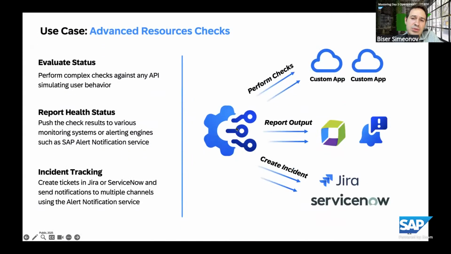So in that use case, for example, the automation pilot can report the output directly to Dynatrace if that's needed. And furthermore, the automation pilot can create the incident ticket directly in Jira and ServiceNow. And in this use case, we will be using the alert notification service just as an email engine, let me put it that way, on top of the automation pilot.